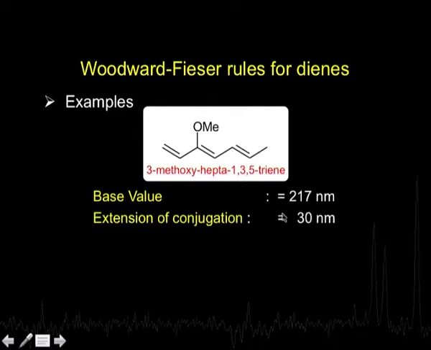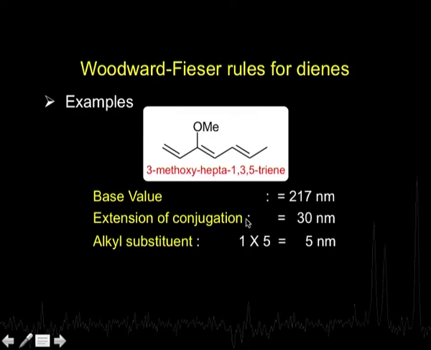So, this will give me a contribution of 30 nanometers. Then what do we have is, now since my chromophore now becomes from here to like this, so this is one alkyl substitution here, which will contribute 5 nanometers. We find that we have got one more substitution here, that is O-methyl at this position.